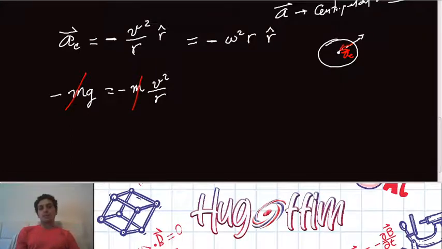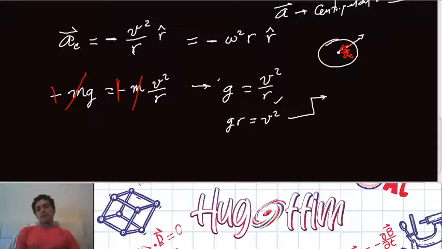I can also simplify the m, so I'm going to get that the gravitational acceleration g will be equal to v squared over r. I know essentially g and r, so I'm going to solve for v. g times r will be v squared, and that means that v equals the root of g times r.